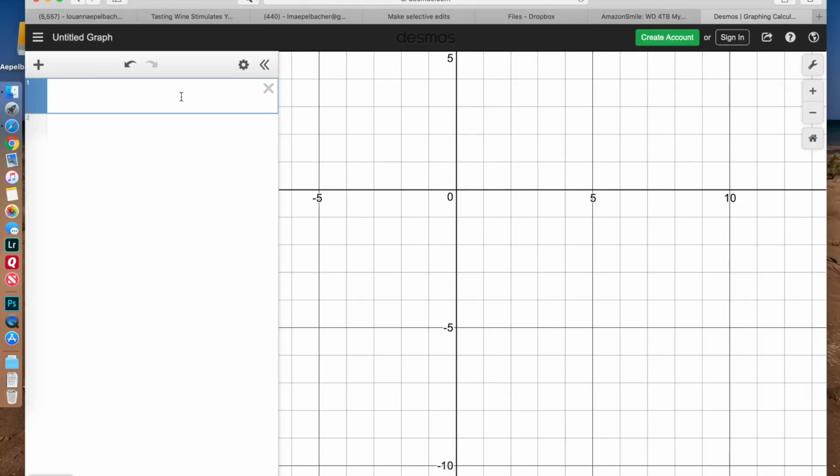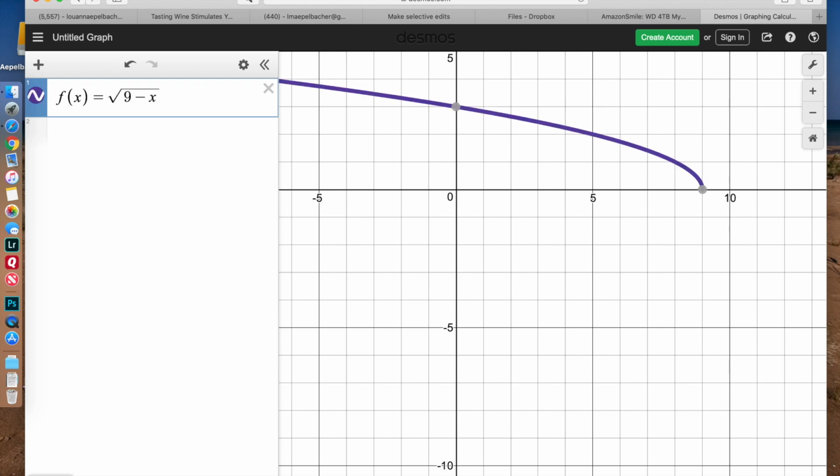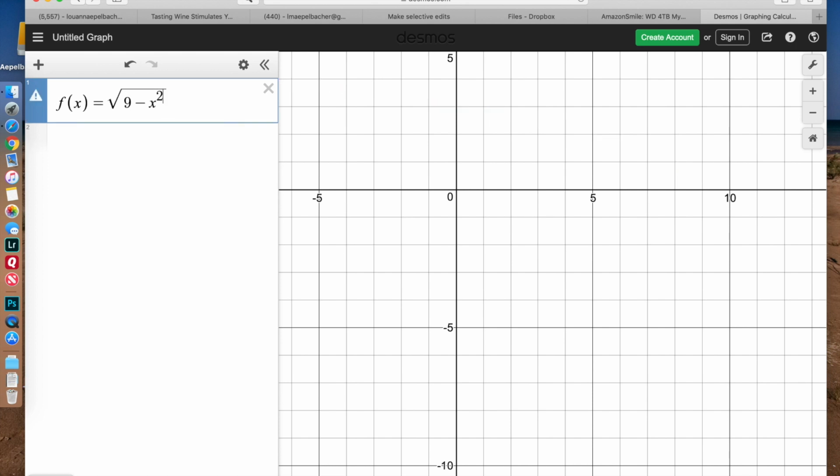This is the graph that goes with number 3E, and so we've got f of x is equal to, and now you've got a square root of 9 minus x to the second power. If you're typing on a laptop, you can do Shift-6, and that gives you that little caret, and you now have to the second power.